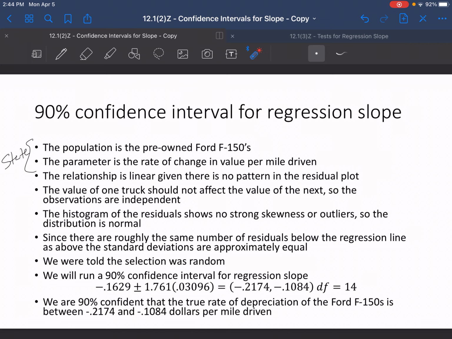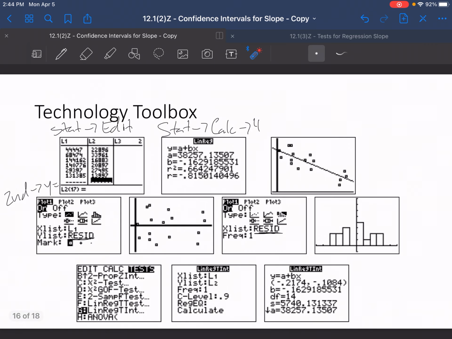The second test that we're going to look at is independence. The value of one truck should not affect the value of the next, so the observations are independent. Sounds fairly easy. We don't really need to look at that from that perspective. Our third test is normal, and this one, we're looking at the histogram. The histogram of the residuals shows no strong skewness or outliers, and so the distribution can be considered normal.